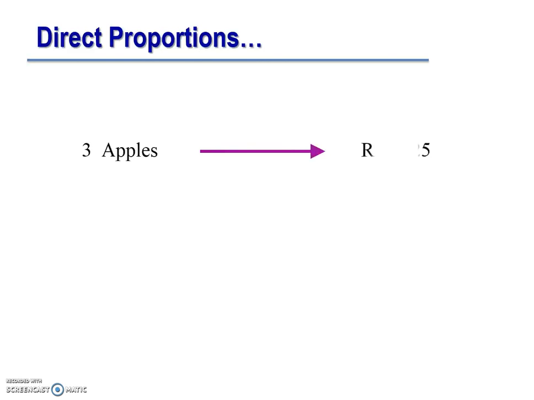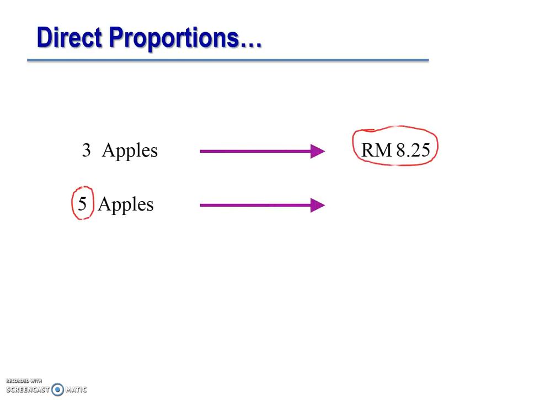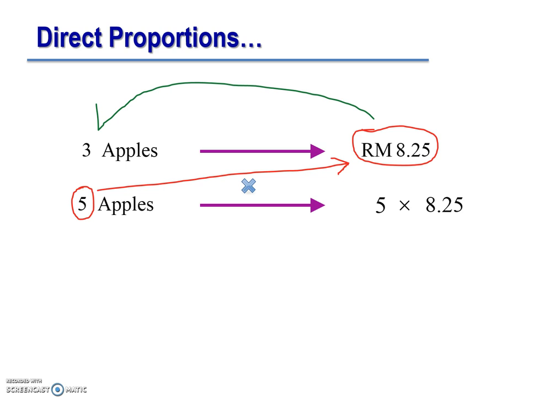So what can we do? Now, the first thing that you should do, you have to cross multiply. The 5, you have to multiply by 8 ringgit and 25 cents. So, a multiplication, and you're going to divide by the 3.